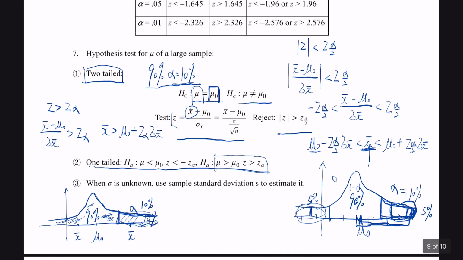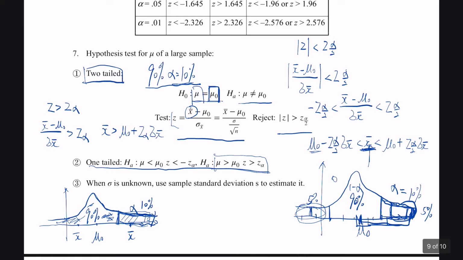Because it's outside your confidence interval. You are not confident about that value. But if your hypothetic value lies within your confidence interval, then you should accept that value because you are confident about it.